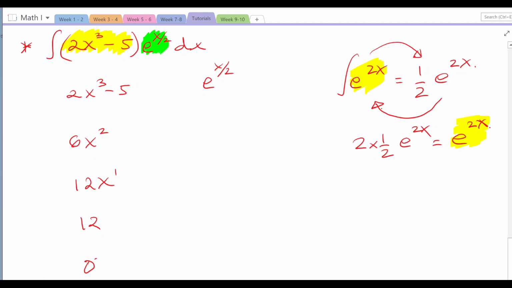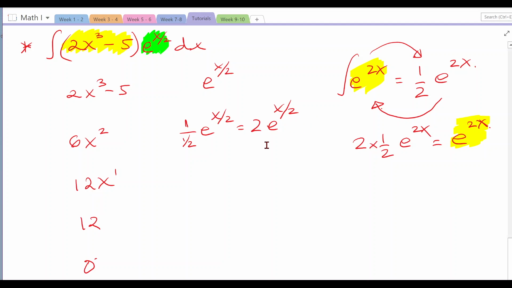However, in this case we're going to integrate, meaning we're not going to take the 2 here, we're going to take 1 over half. So in this case it becomes 1 over half times e to the power of x over 2. This is basically the same as saying 2 times e to the power of half x.